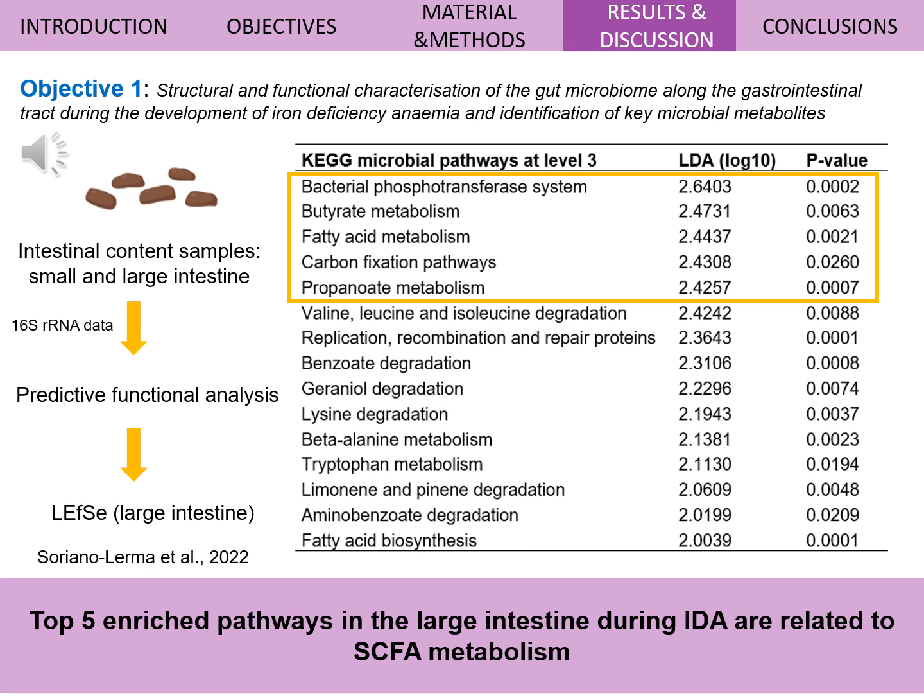These KEGG microbial pathways are outlined in this table, and they are ranked according to LDA values. Top ranked microbial pathways are the most enriched ones in the large intestine of anemic animals. And actually, the top 5 are related to short-chain fatty acid metabolism.